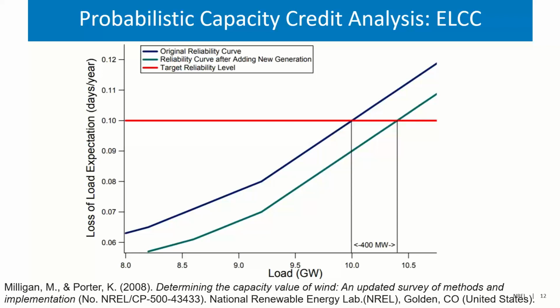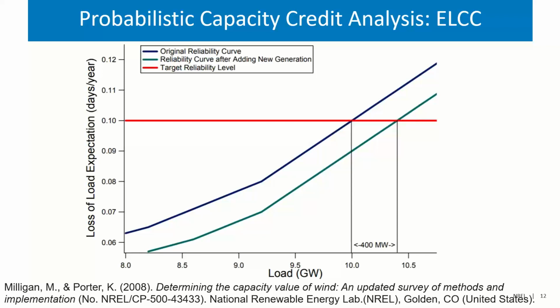Here I'm looking at the ELCC method. The way to compute the capacity credit using this method is, first, you look at your system without your added new generation, which is the curve here in blue. Then you add your new generation, whether it's a wind farm, a solar farm, or whatever unit. This method is applicable to conventional and non-conventional units.